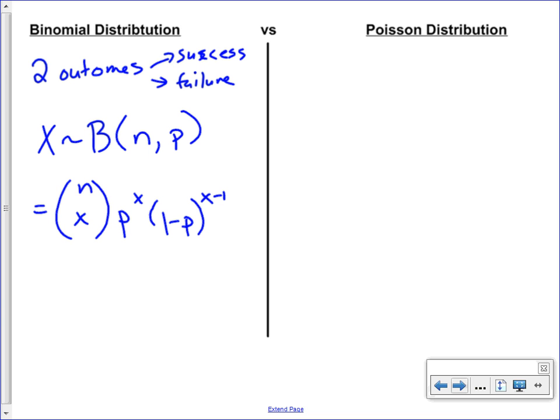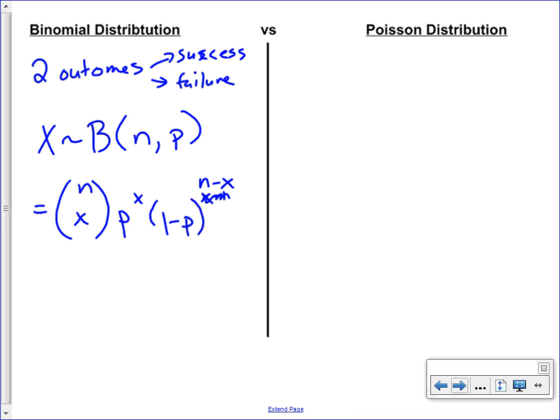So it's two outcomes, success or failure. So that's binomial. Thank you, my bad. I was thinking the 1 minus P part, which is Q, the failures.